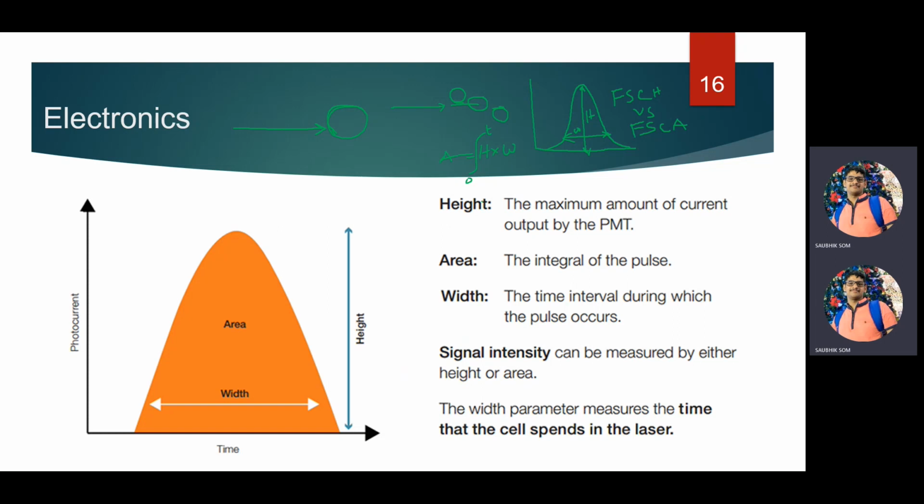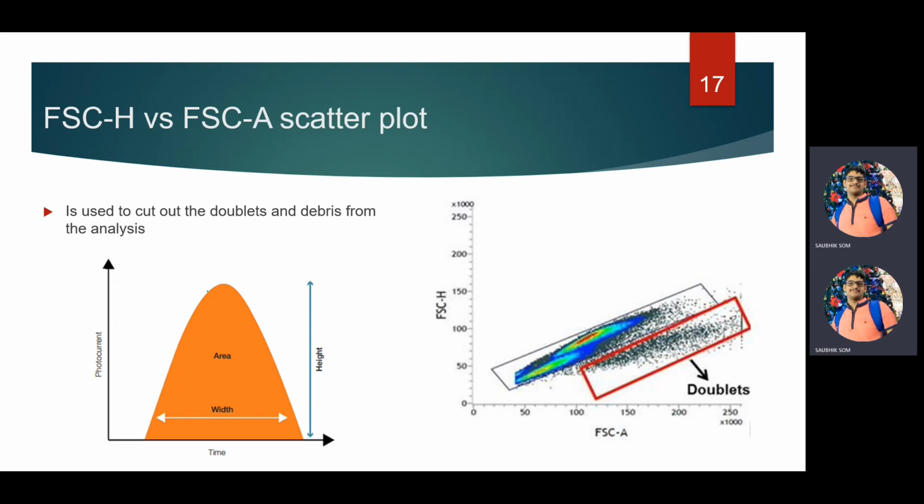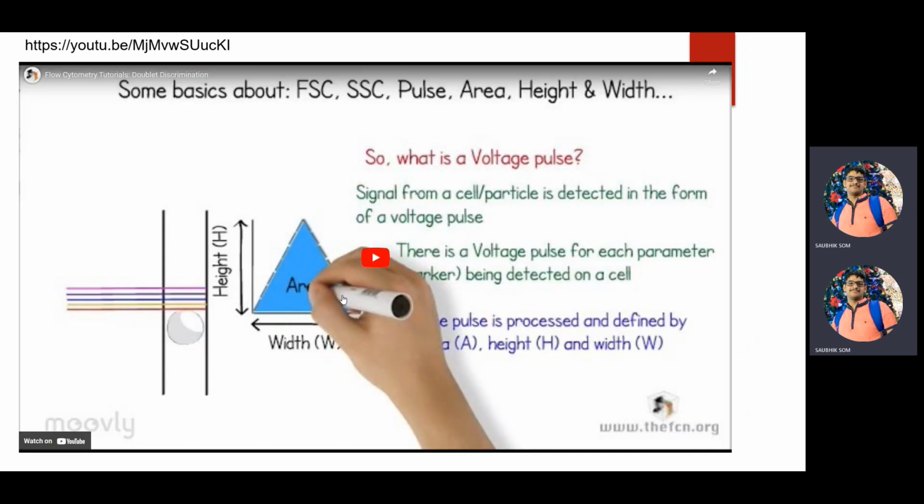I will come to the next video, and as you can see, FSC-H and FSC-A are used to cut out the doublets and debris from the analysis. How it works is explained in this particular video. It is a very self-explanatory video, and it clears up the FSC, SSC, pulse area, height and width concepts very clearly. Please have a look at the video.